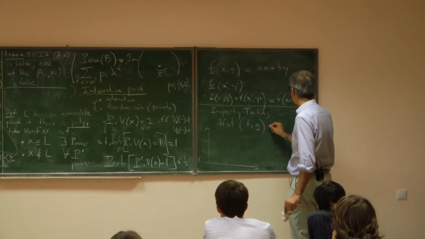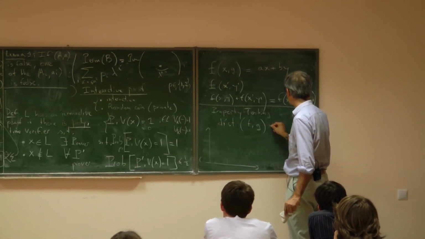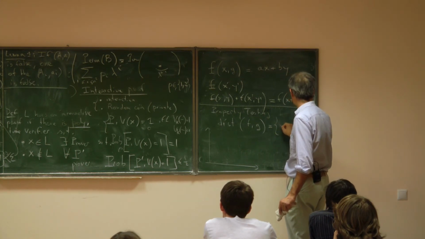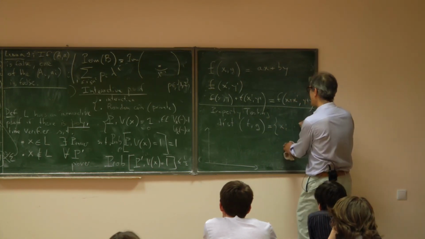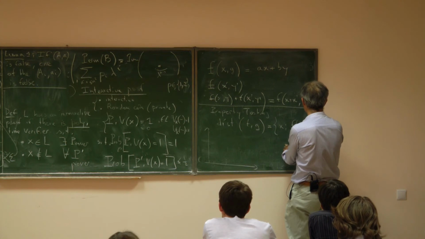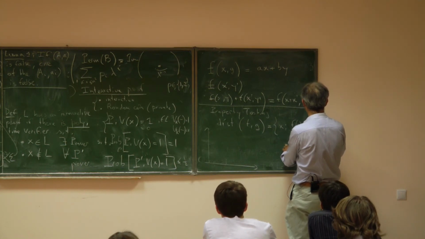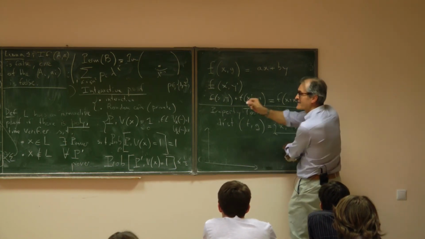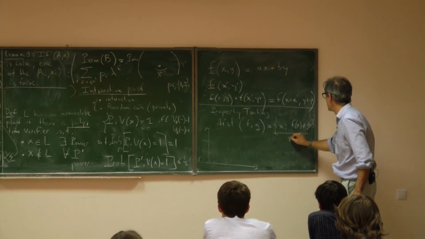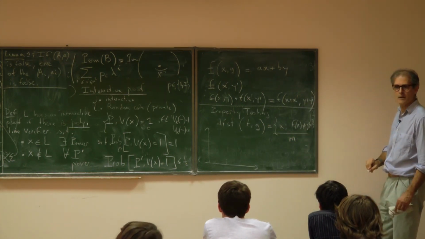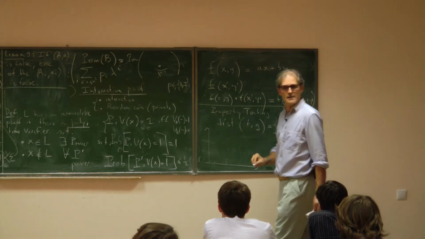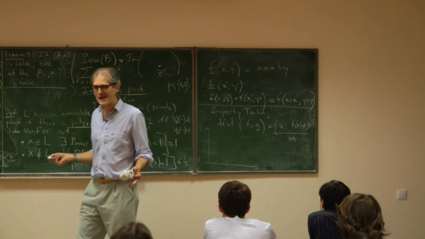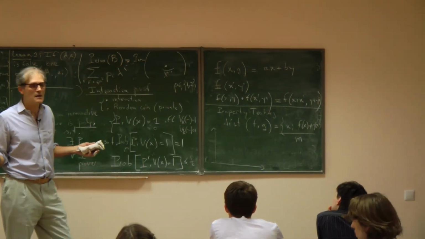But the first thing that comes to mind is the number of x such that f of x is different from g of x. And you divide by the size of the domain, n. You see? You have two functions. What's the distance between the two?